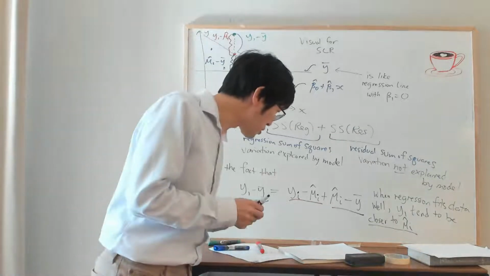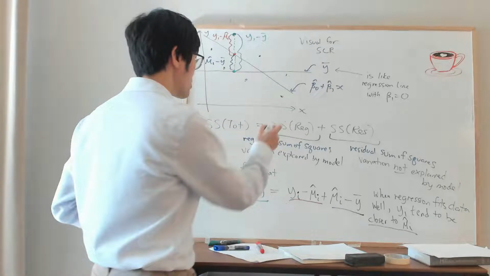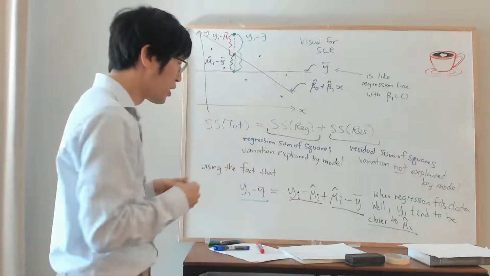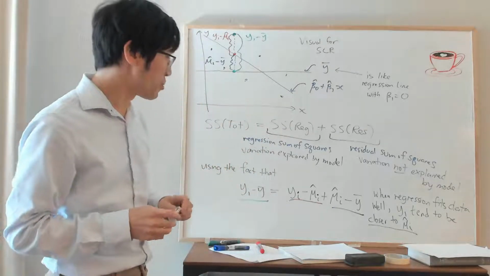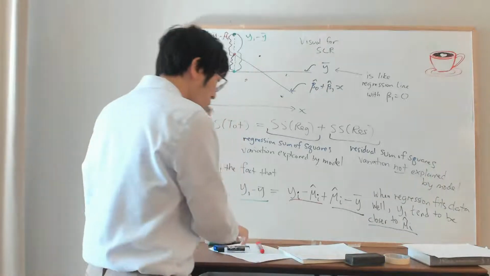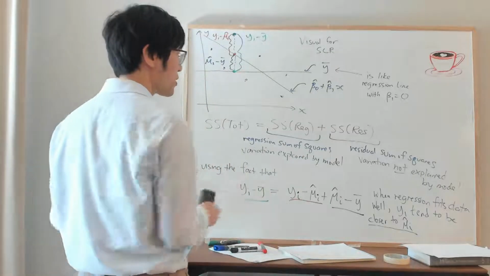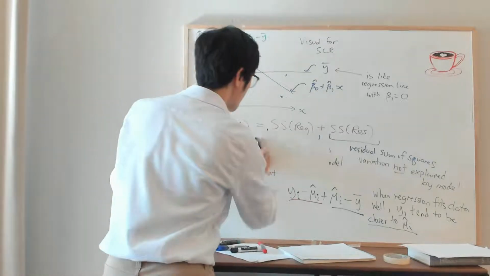Okay, so that's the intuition behind the ANOVA decomposition. This is easiest to illustrate in the simple linear regression case. So with that in mind, let's look at the mathematics of this decomposition.